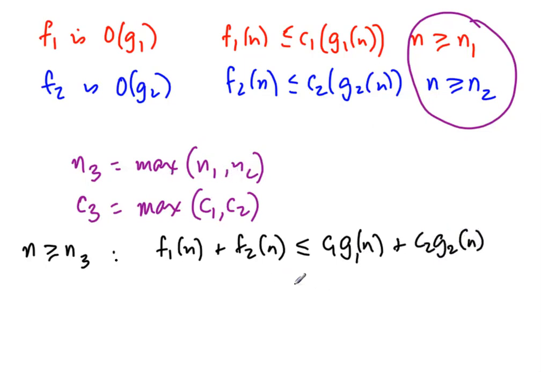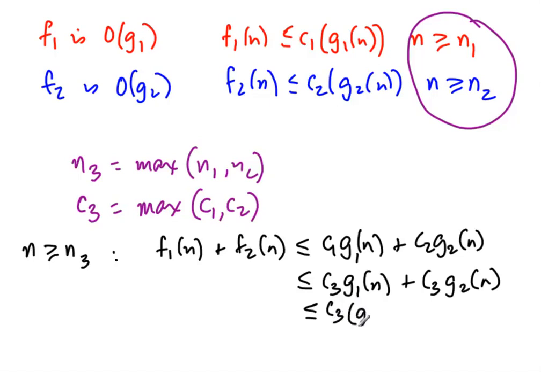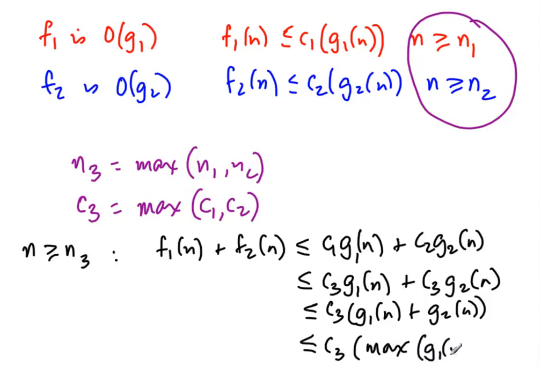Since c1 and c2 are both smaller than c3, I can replace both by c3. Then I can combine, and this is c3 times g1 of n plus g2 of n. Now I can take the max, so this is less than or equal to c3 times max of g1 of n, g2 of n, times 2.